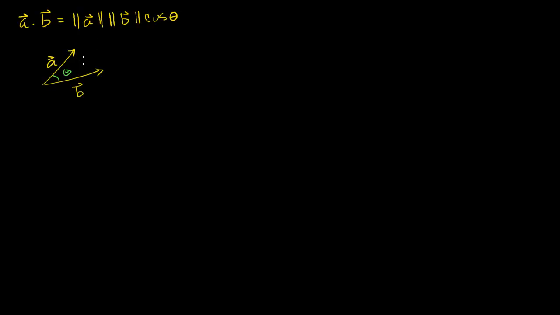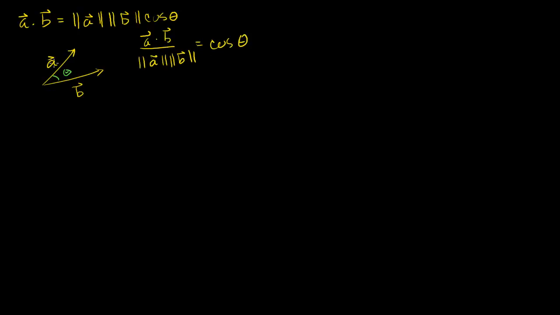And actually, if you ever have two vectors and you want to solve for that angle, and I've never done this before explicitly, I thought I might as well do it right now, you could just solve for your theta. So it would be a dot b divided by the lengths of your two vectors multiplied by each other is equal to the cosine of theta.